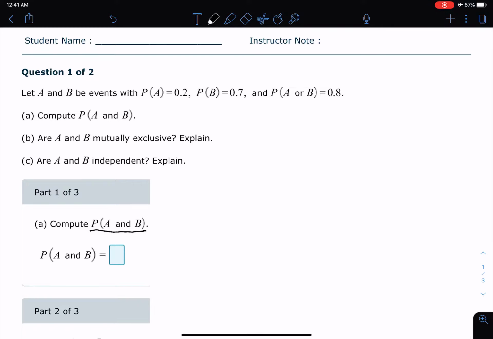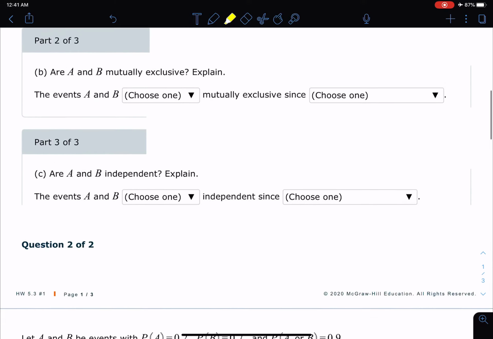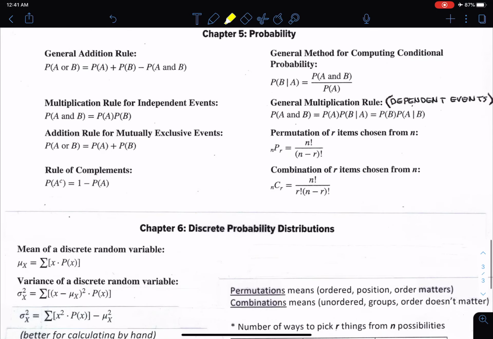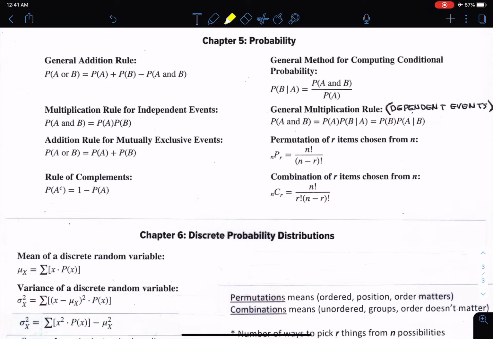So let's take a look at the formula sheet, and I'm specifically looking at this probability of A and B. And it's easy enough. That just says to multiply the probability of A times the probability of B. So that's pretty straightforward.